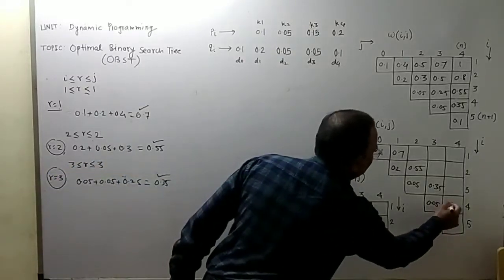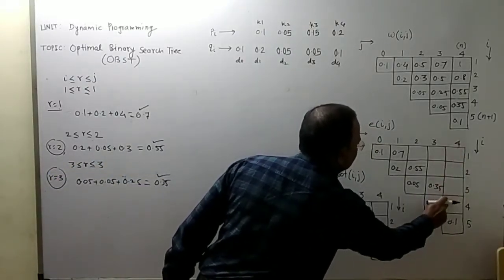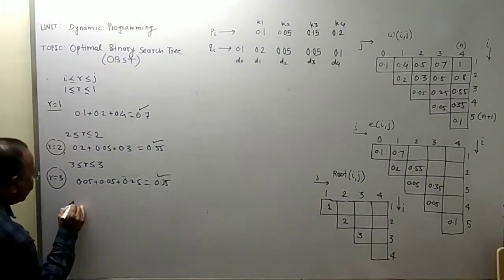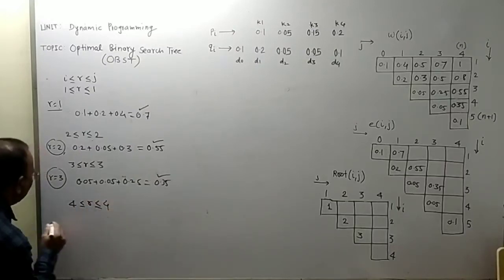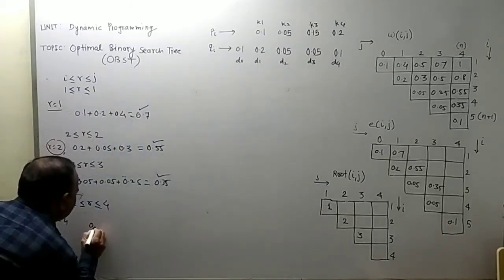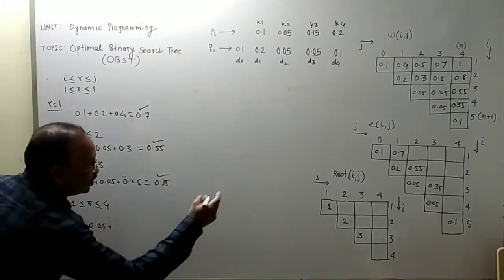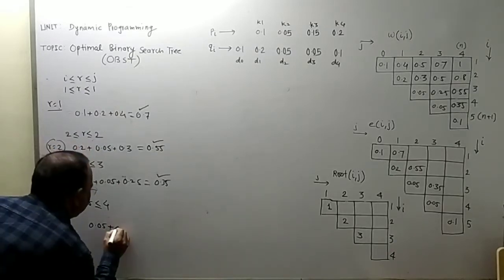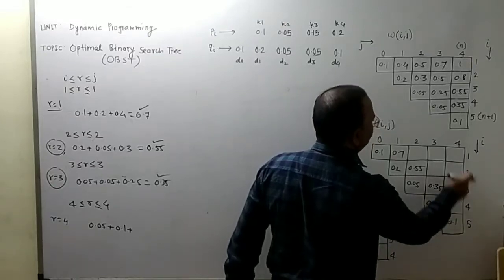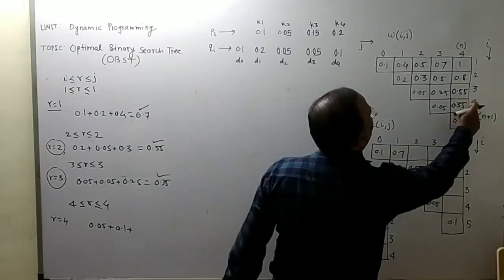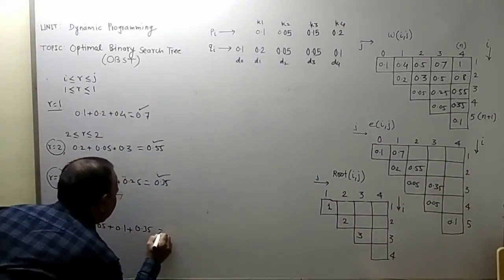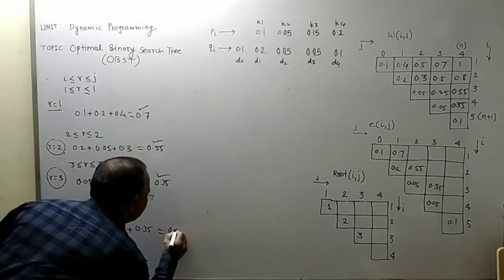Now for this cell, meaning 4 cell, consider the previous and the down value. 4 is less than or equal to R, less than or equal to 4. Here R is equal to 4. So the previous value is 0.05 plus the down value 0.1 plus the value in the W table at 4 position, that is 0.35. It equals 0.5.